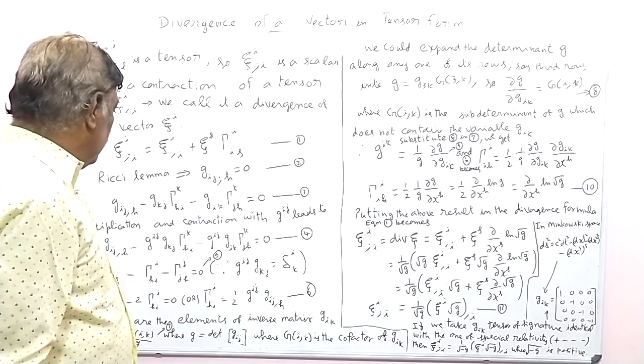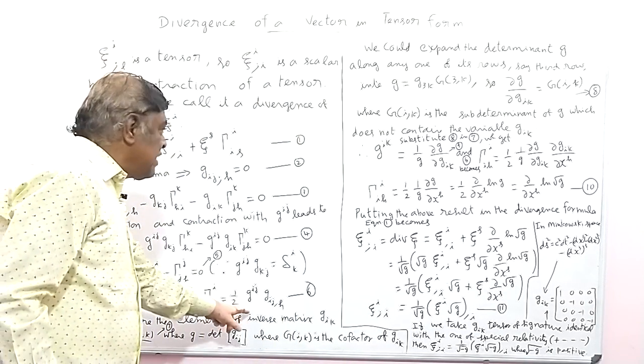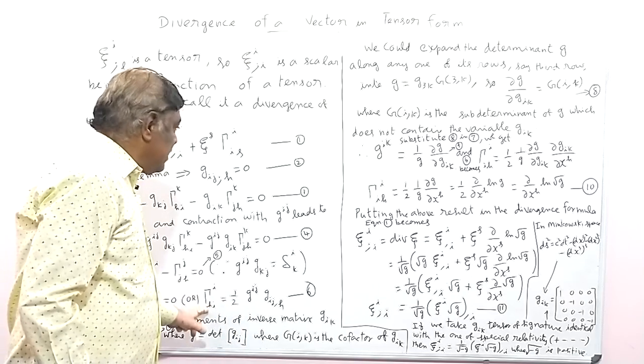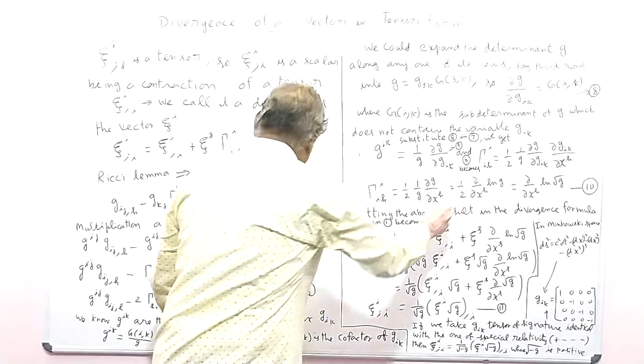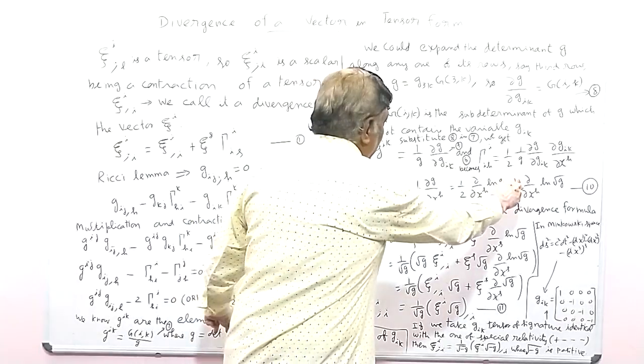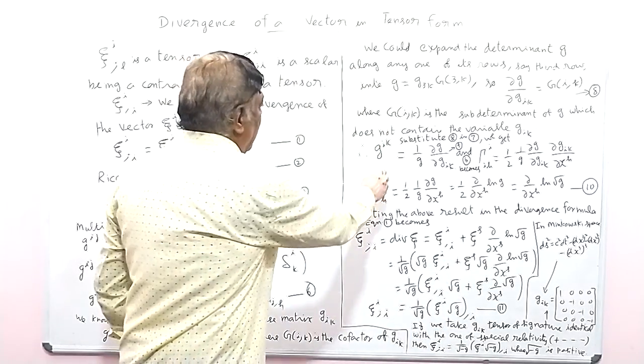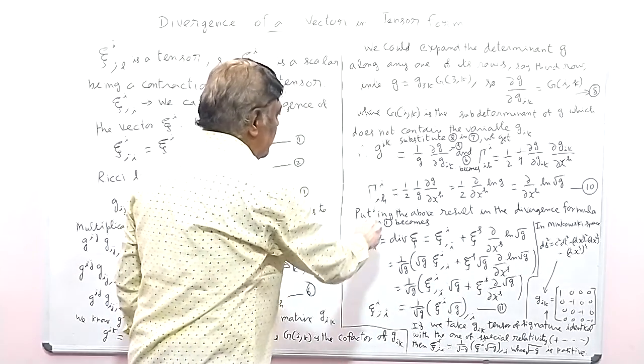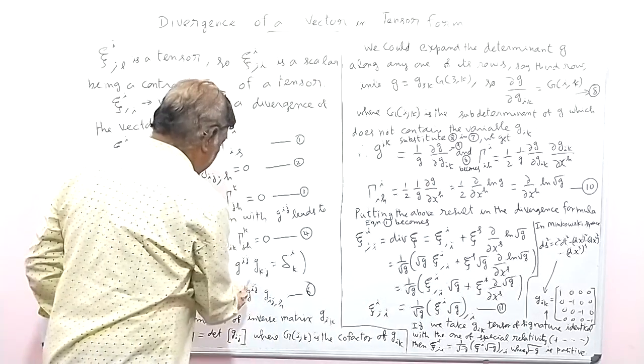And now equation 6 becomes, so what is equation 6? Gamma^i_ik, so you are writing this, which is equal to half g^ik times the derivative. Now we have already shown g^ik, so substitute this value here.